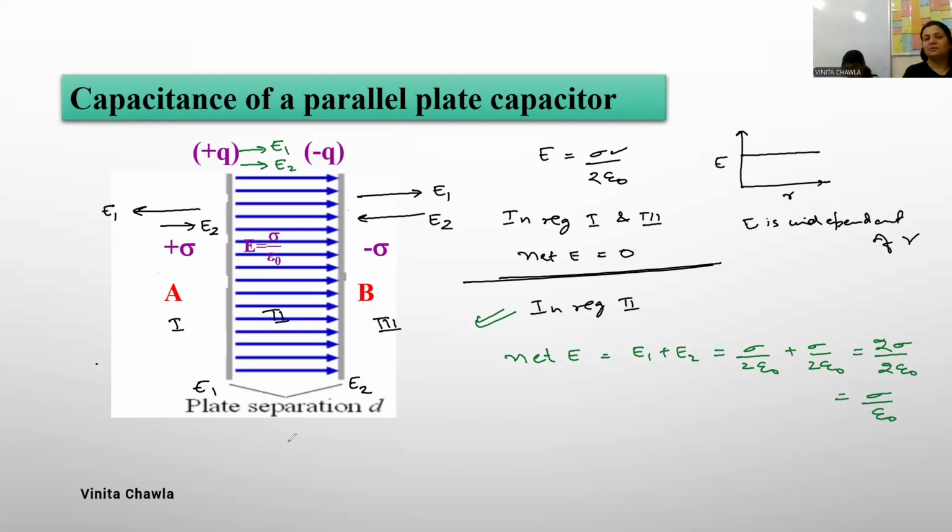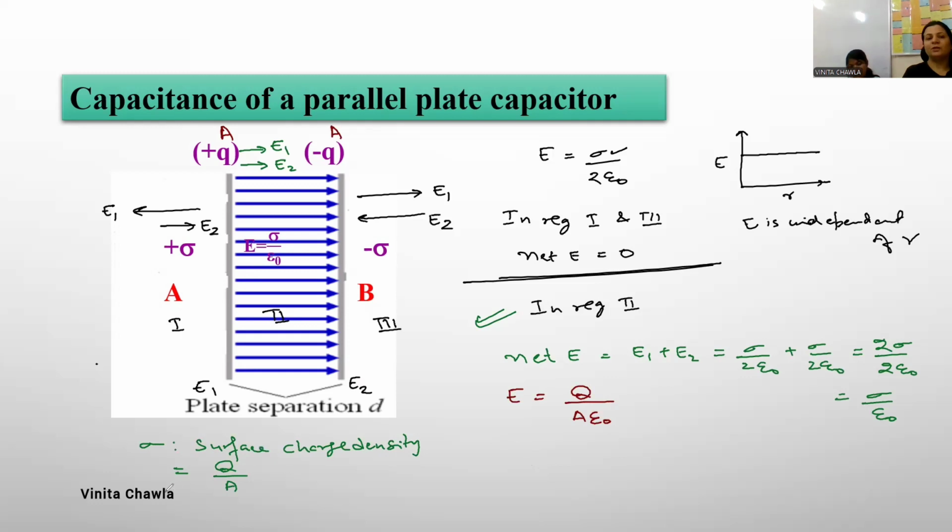And what is sigma? Sigma is the surface charge density, and it is equal to charge upon area. A is the area of each plate. Clear? So we can write E as Q upon A epsilon naught.